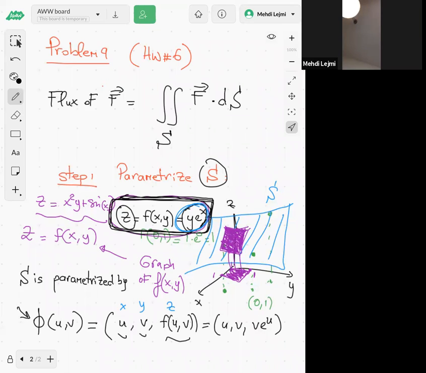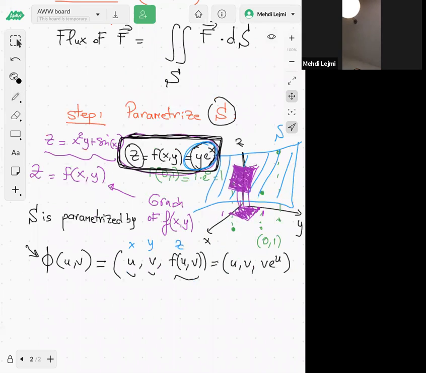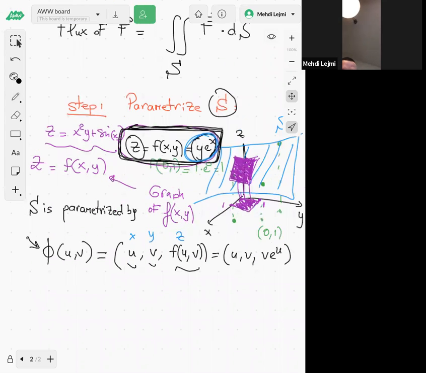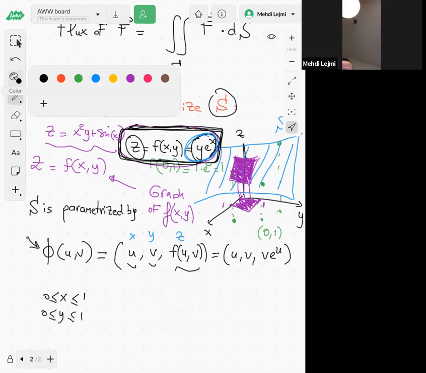So, once you have this parameterization, now it's lying over the unit square 0, 1 cross 0, 1. When you say 0, 1 cross 0, 1, it means x is between 0 and 1 and y between 0 and 1, like in this picture here. This is my square.